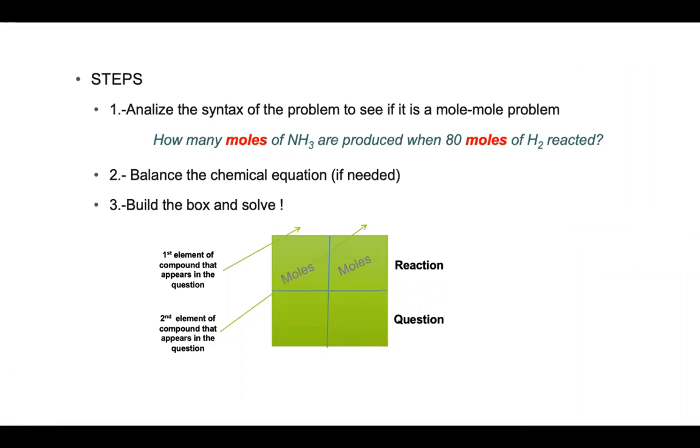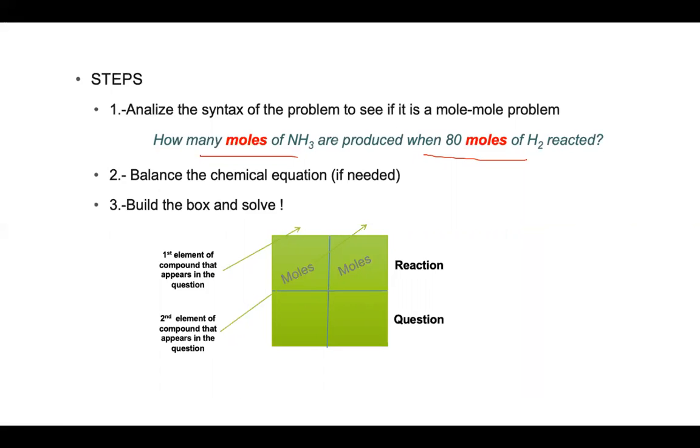If in the whole sentence or the whole question, everything is expressed in terms of moles, this is a mole-mole problem. For example, here in this question: how many moles of NH3 are produced when 80 moles of H2 react? This is a mole-mole problem because in the whole sentence, everything is expressed in terms of moles.